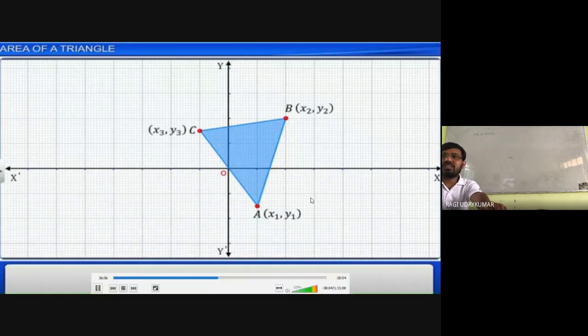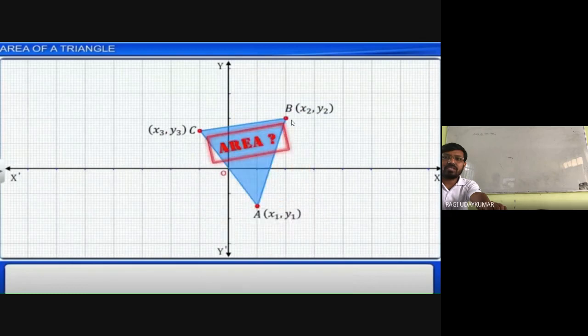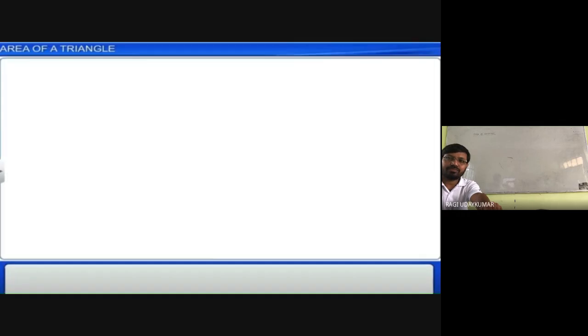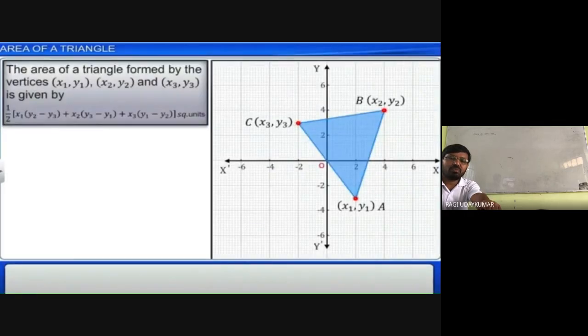So the 3 points of the triangle are A, B, C. The points are given to you as x1 y1 and so on. How do we find this area? The area of the triangle formula is half into, in the brackets, x1 into y2 minus y3 plus x2 into y3 minus y1 plus x3 into y1 minus y2, in square units.